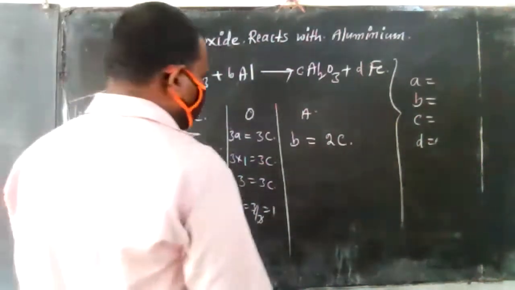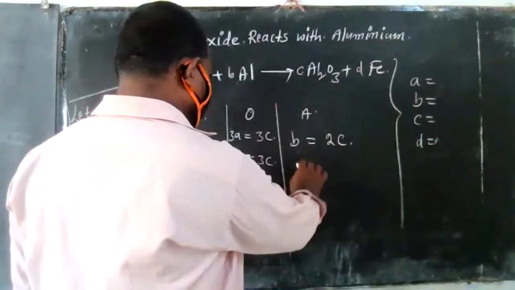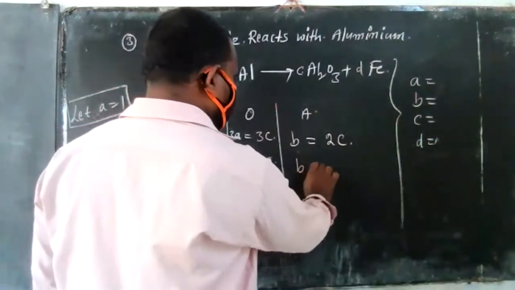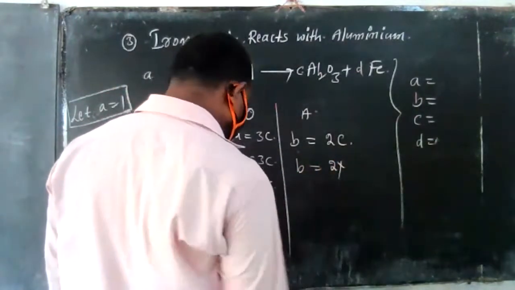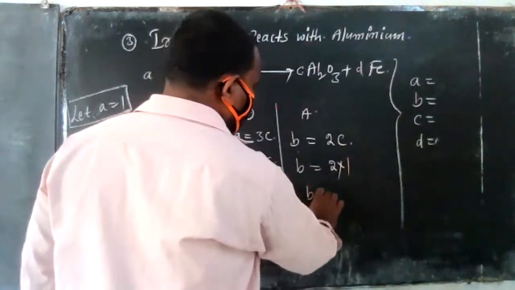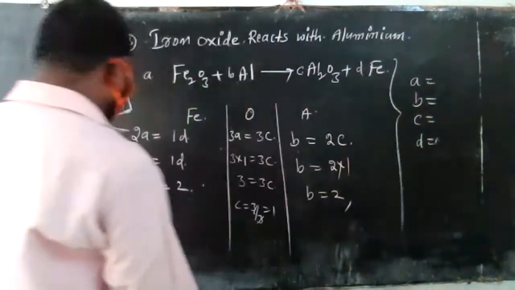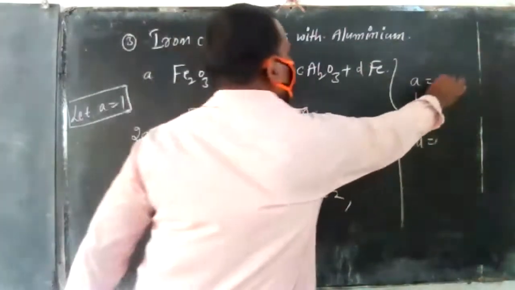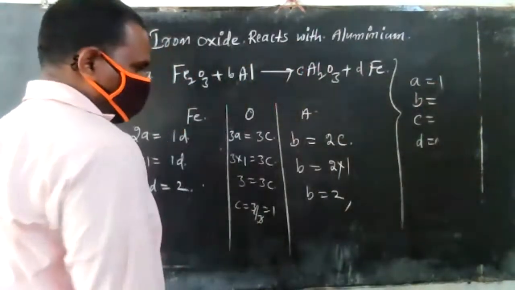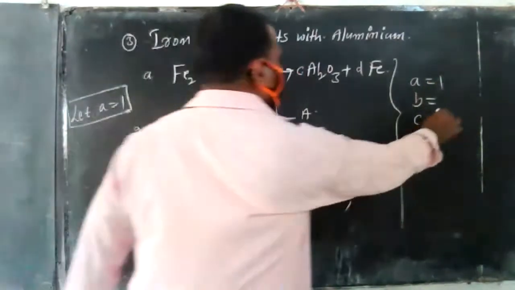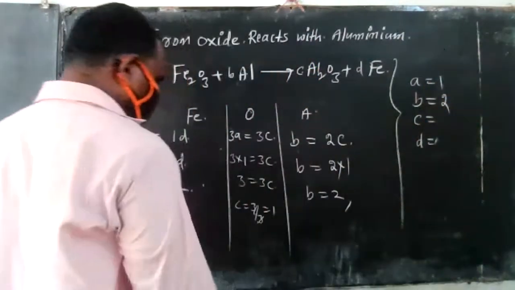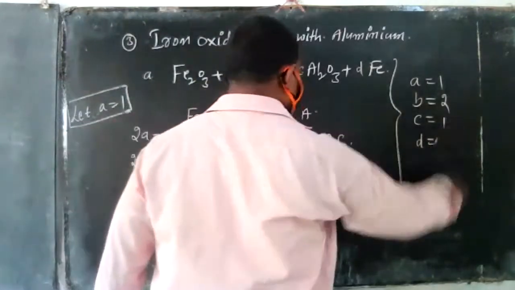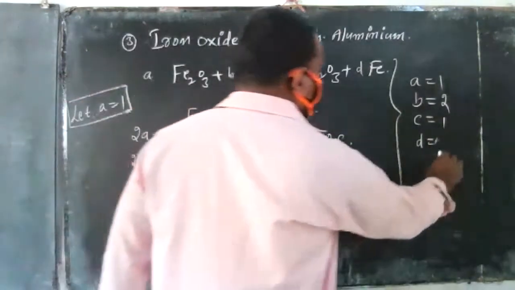Now coming to B. C is equal to 1, so 2 into 1 is 2, B is equal to 2. A is equal to 1, B is equal to 2, C is equal to 1, D is equal to 2.